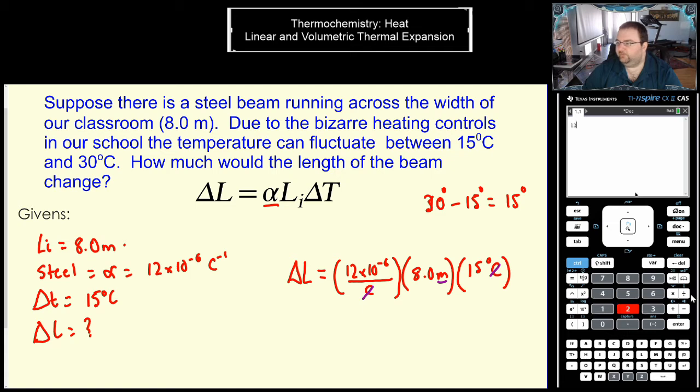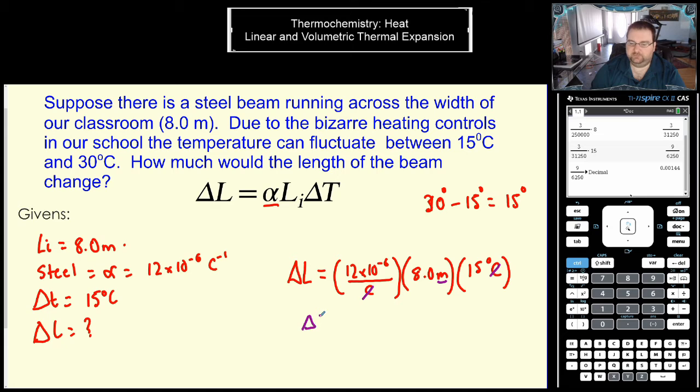We have 12 times 10 to the negative 6 times 8 times 15. How many sig figs do we want? 2, 2, 2.